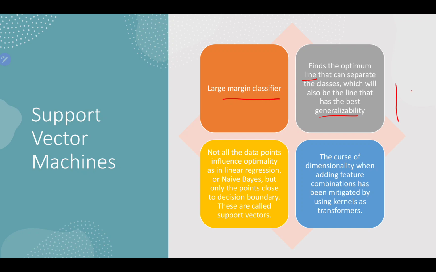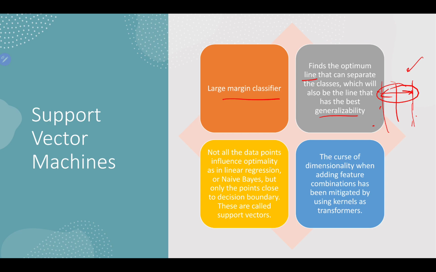If you are as far away as possible from the 2 classes' data points, then this large margin will also be the best generalizable scenario, meaning if new test points come in, SVM will perform better than any line that does not fit this condition.